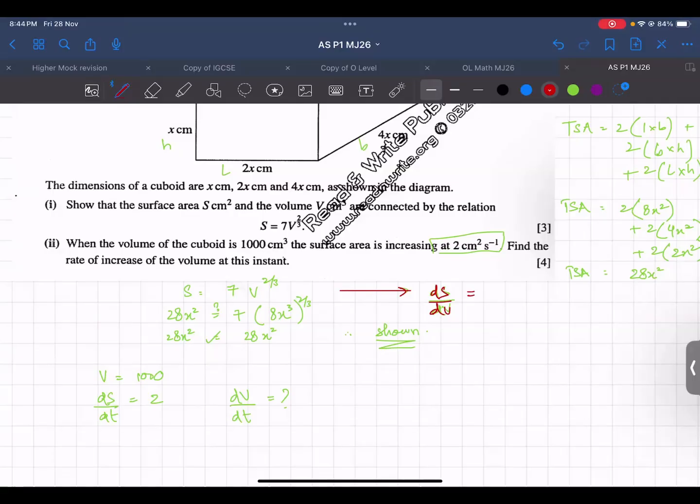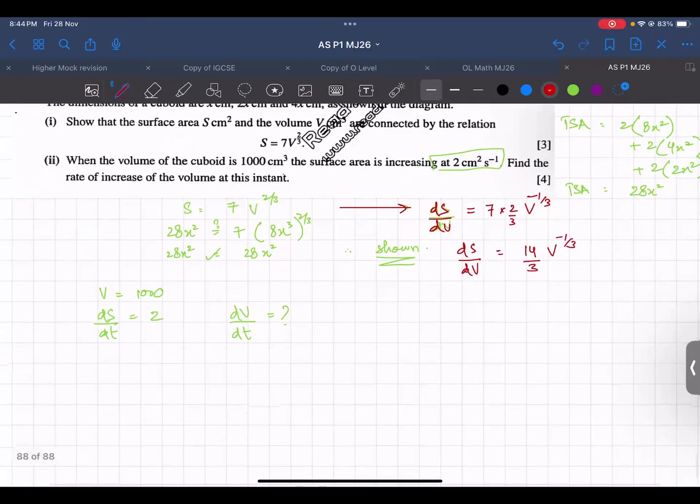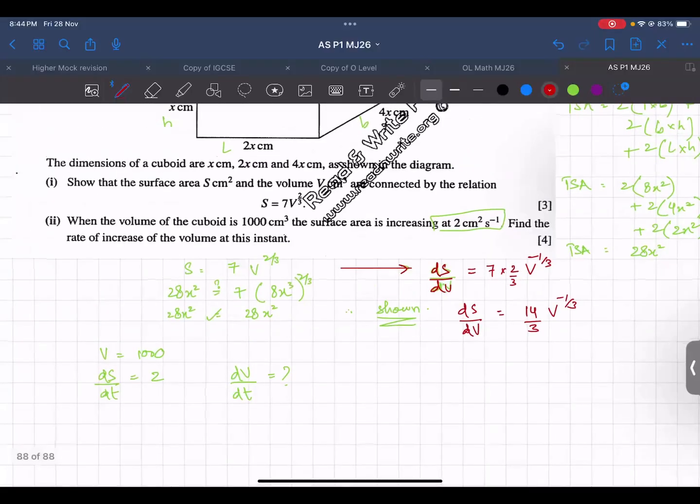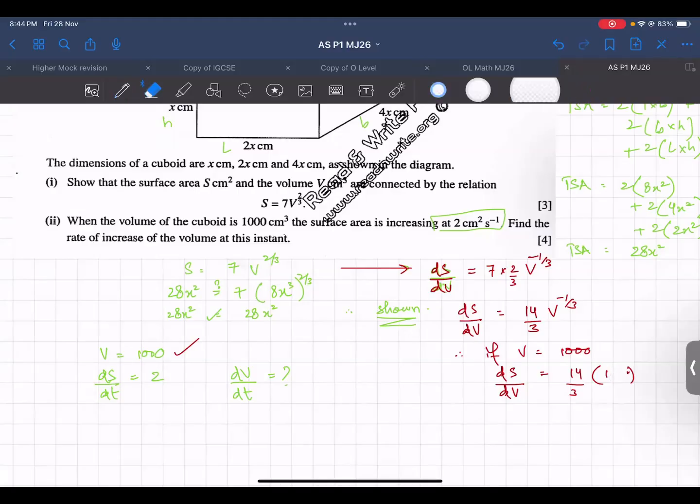If you differentiate, you will get 7 times 2 upon 3 V power minus 1 upon 3, which is 14 upon 3 V negative 1 upon 3. And they have given you that V is 1000. So if V is 1000, the value of dS by dV is equal to 14 upon 3 into 1000 power negative 1 upon 3.